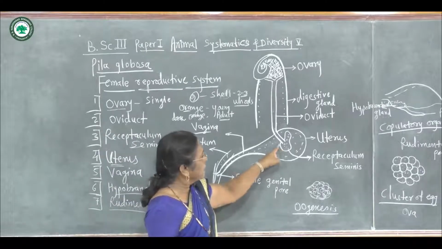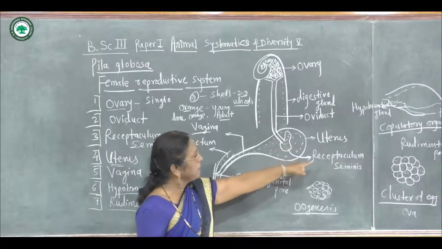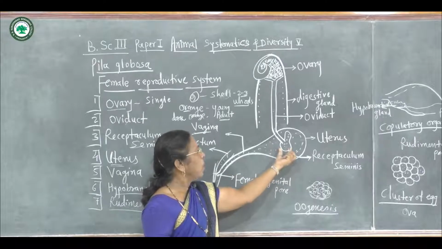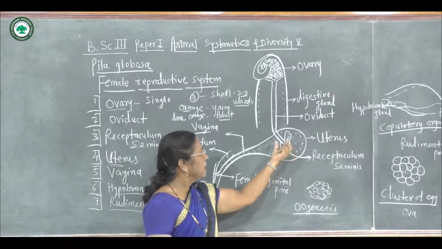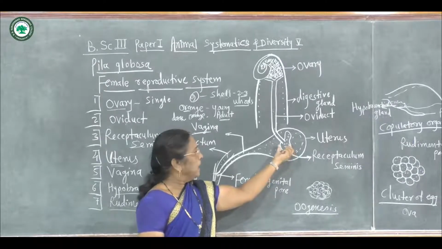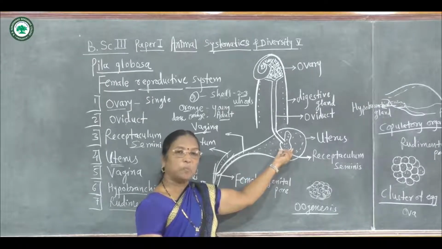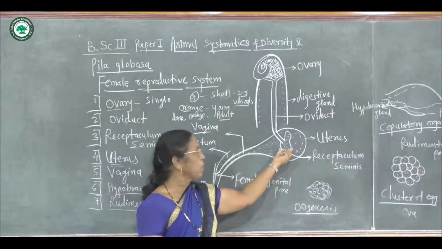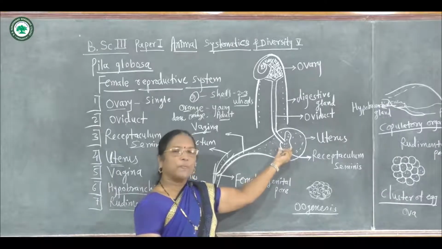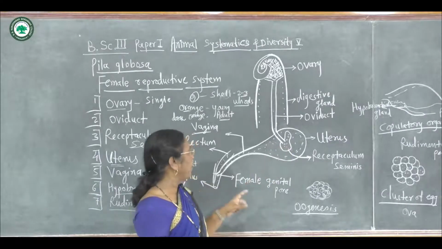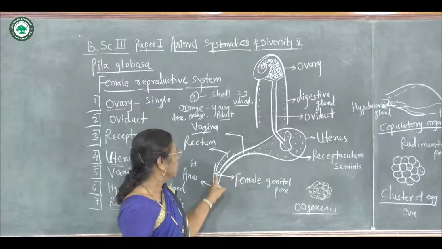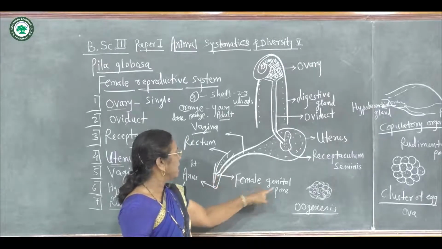The main function of the seminal receptacle is that this is the organ which serves to store sperm or spermatozoa received from the male during copulation, which enters through the female genital pore.